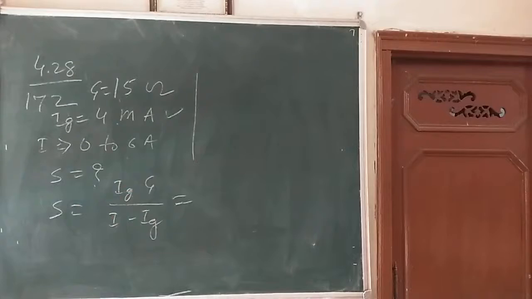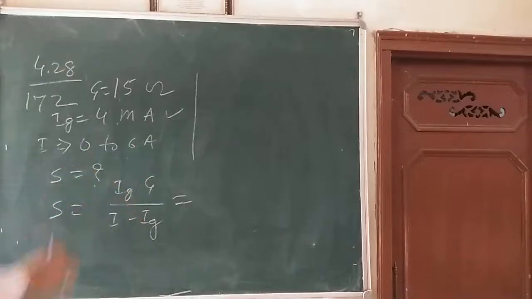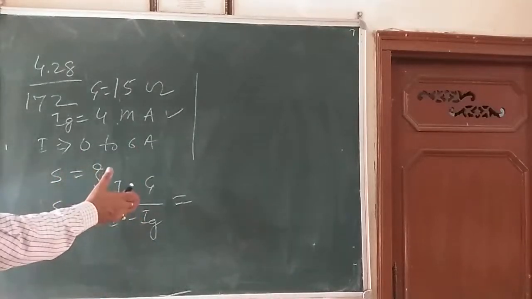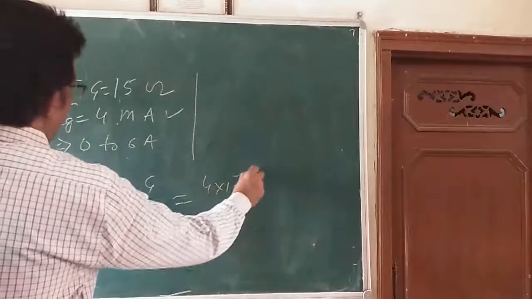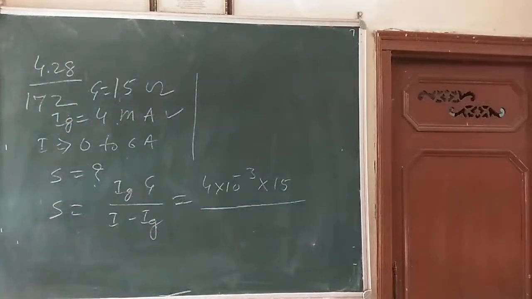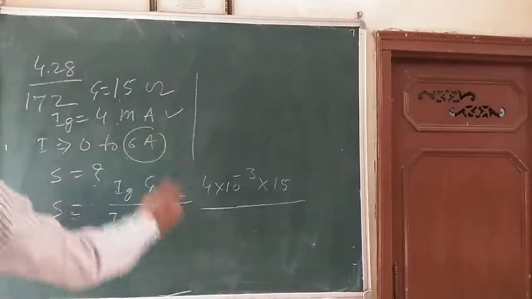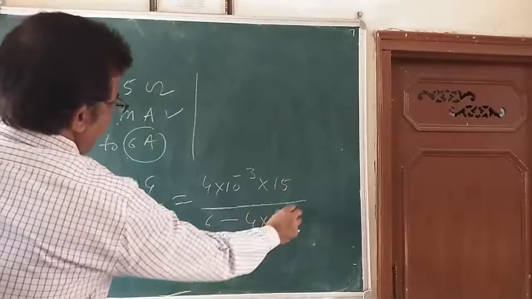Here, the shunt resistance is connected in parallel with the galvanometer. I want to find out shunt resistance. The value of Ig is given, 4 into 10 to the power minus 3. The galvanometer resistance 15 ohm divided by I, the range given as 6 ampere, minus 4 into 10 to the power minus 3.